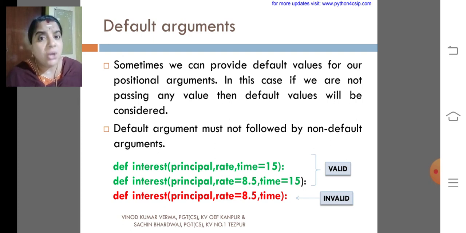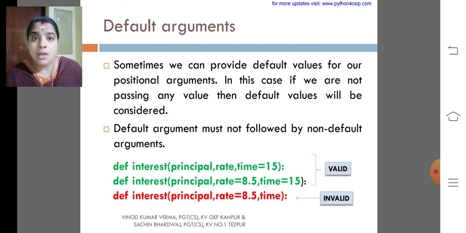And look at the third one. That is an error. That is why it is given in red color. What happens there? I had tried to give a default value in the middle argument. I had already told you, the default argument must not be followed by non-default arguments.